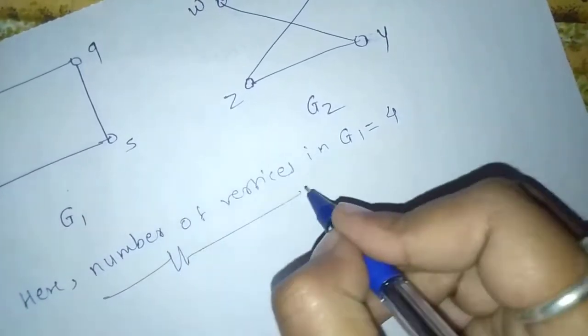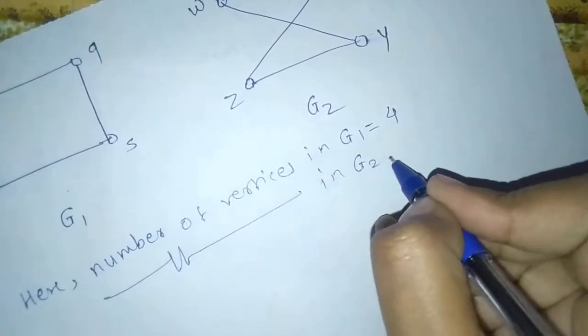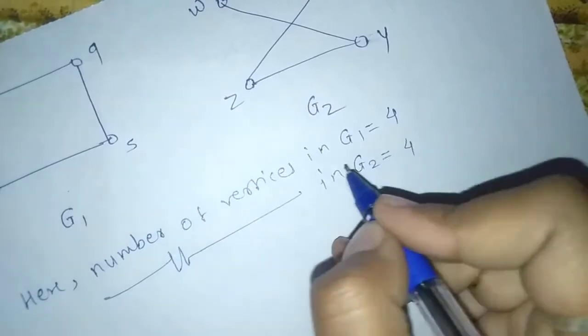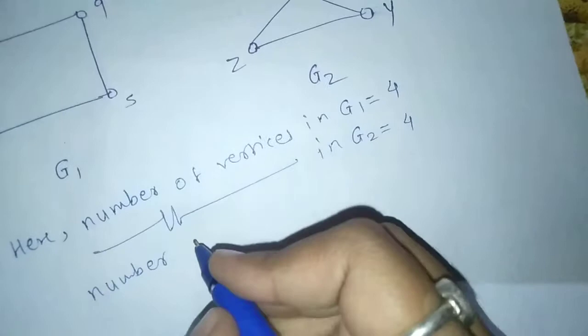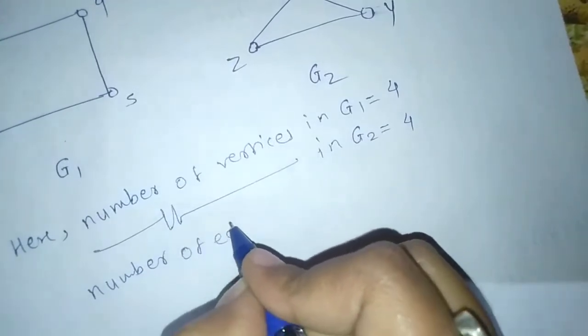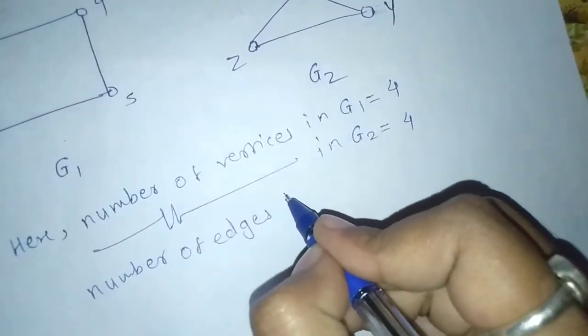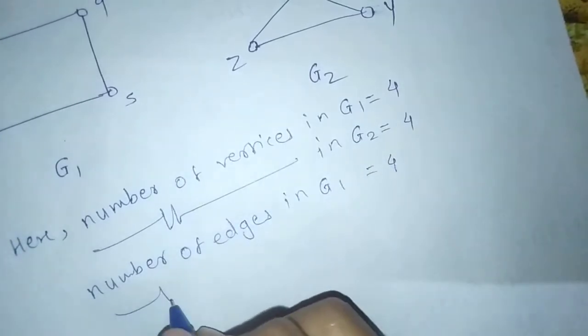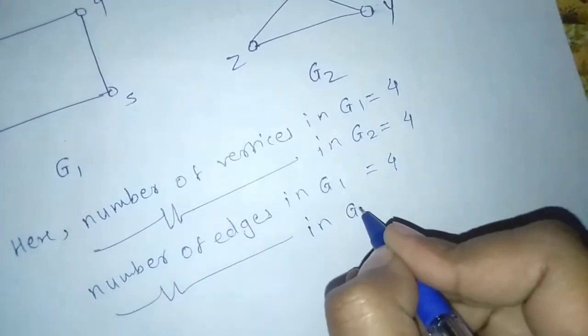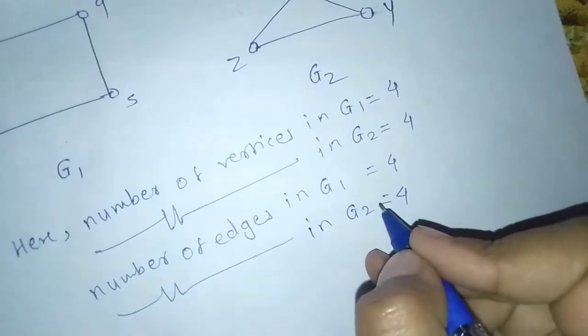Also, number of vertices in G2 is equal to 4. And number of edges in G1 is equal to 4. Also, number of edges in G2 is equal to 4.